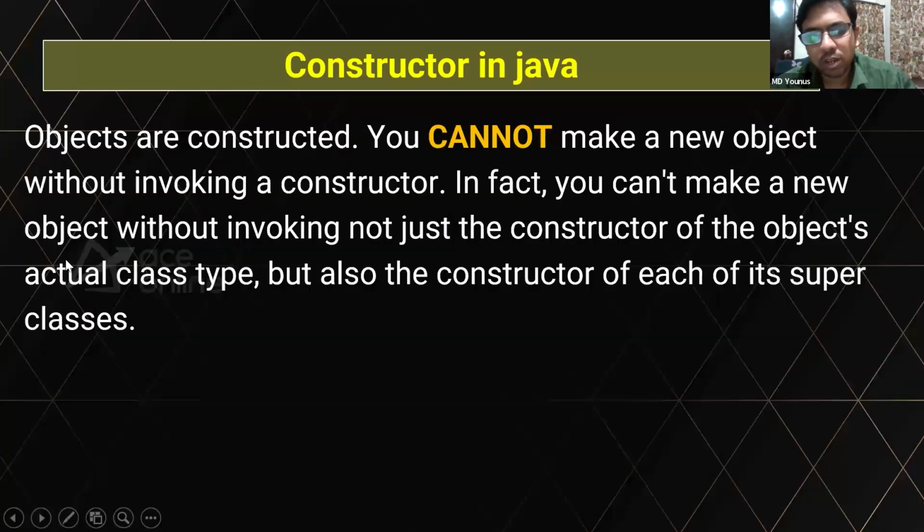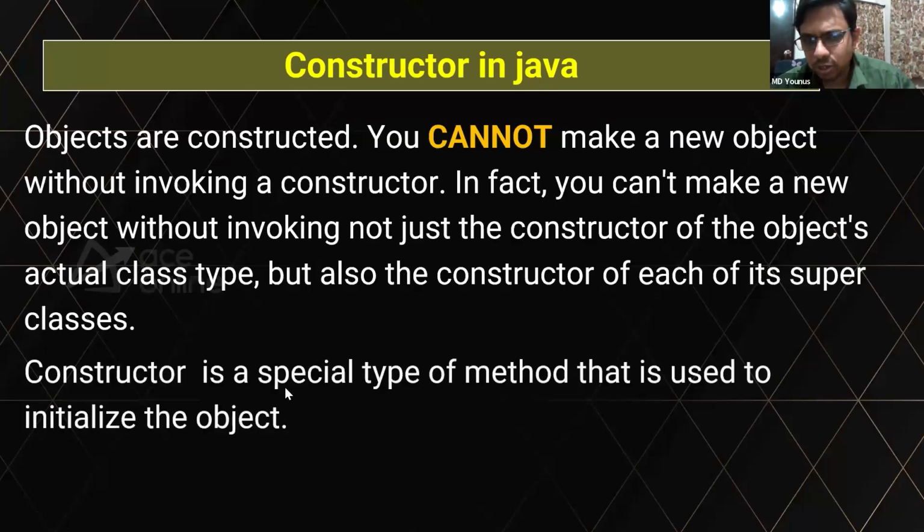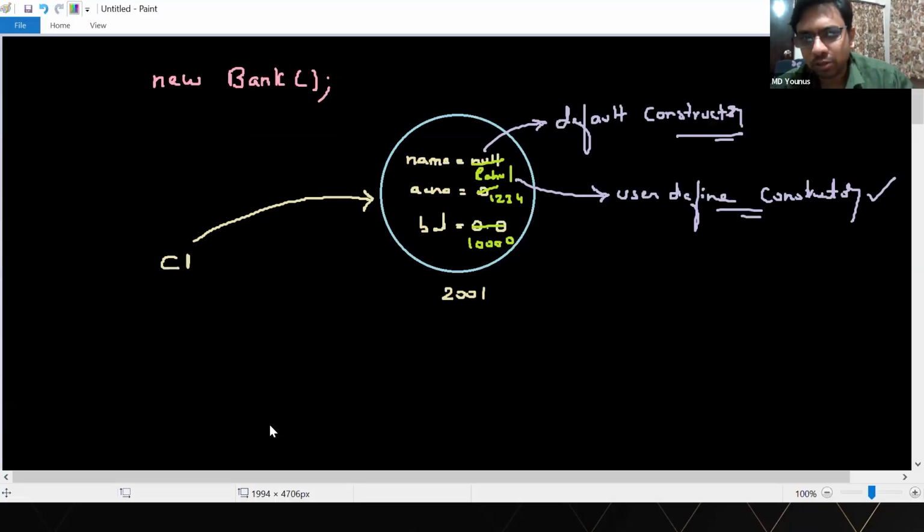In fact, you cannot make a new object without invoking not just the constructor of the object's actual class type, but also the constructor of each of its superclasses. So please do remember this statement. You may need it for answering a few of my questions. Now, a constructor is a special type of method that is used to initialize objects.